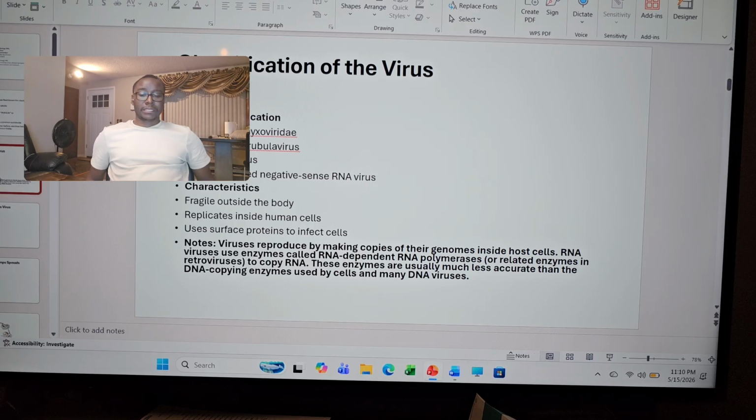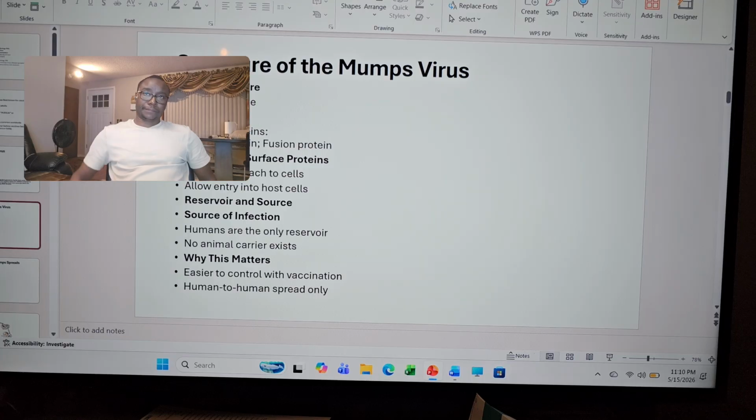RNA viruses use an enzyme called RNA-dependent RNA polymerase, or a related enzyme in retroviruses, to copy RNA. This enzyme is usually much less accurate than the DNA copying enzyme used by cells and many DNA viruses.